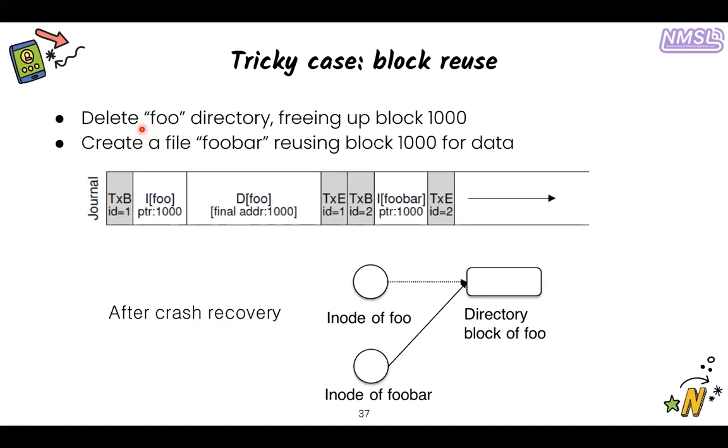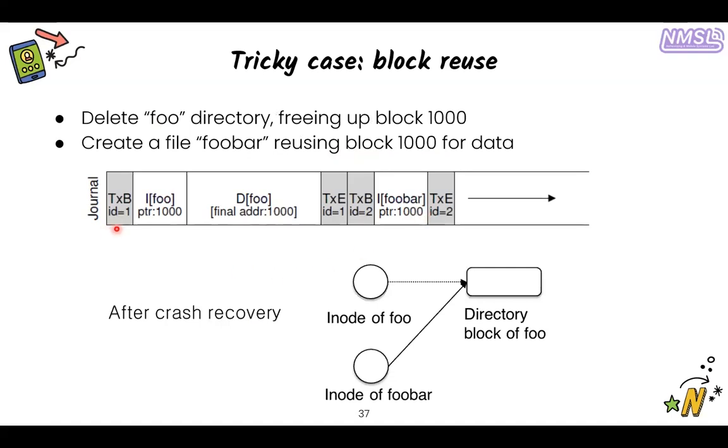Now let's say we delete the foo directory, all the files within the directory, poof, gone. And then we freed up block 1000. And then we create foobar, a file, reusing block 1000 for data. Okay, because now this space is free.